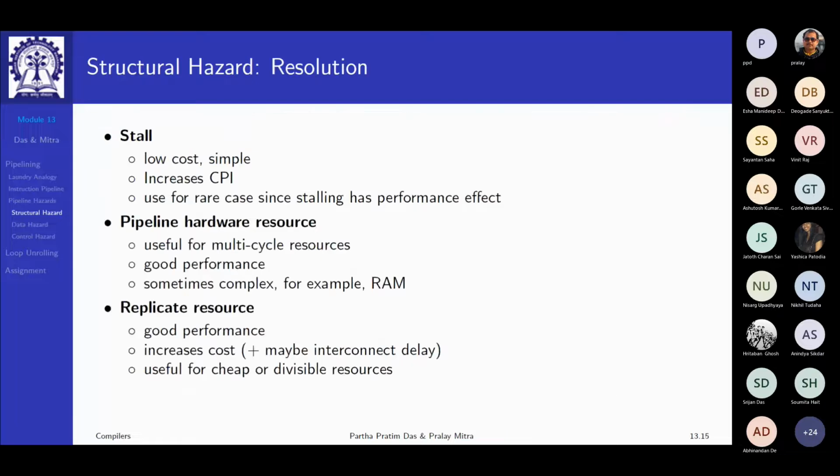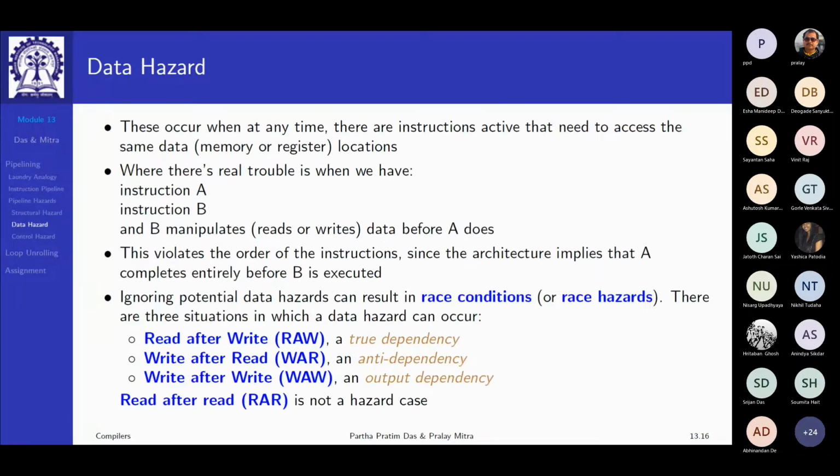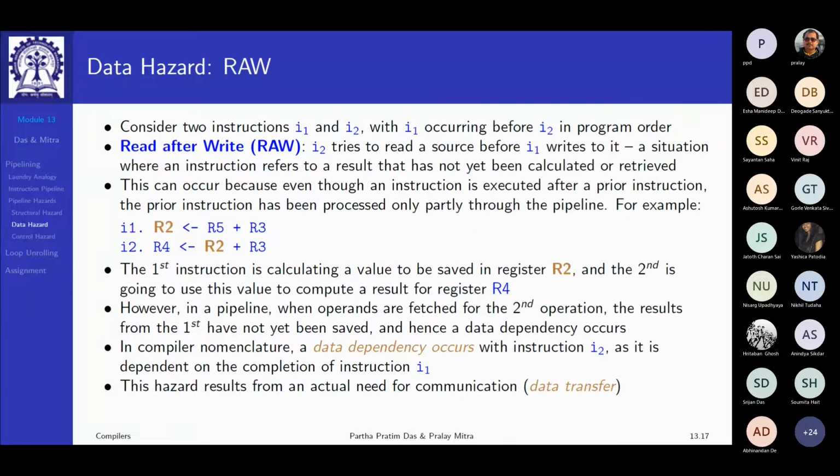The next, which I'll just quickly recap, is the data hazard, which is basically due to data dependency, which can be true dependency, anti-dependency, or output dependency. And the primary one is read after write. Here, instruction I1 is writing to a register R2, which instruction I2 is trying to read.